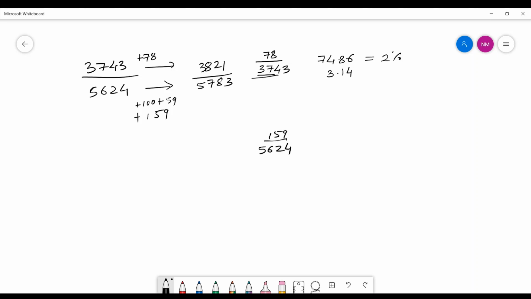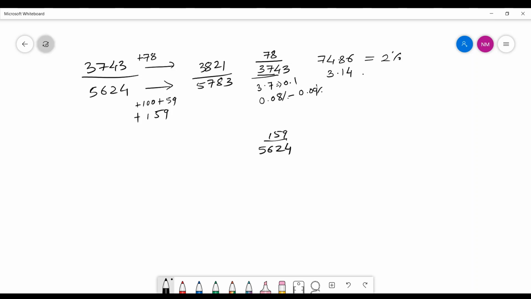Now my 0.1% is 3.7, right? So this 3.14 is somewhere between 0.08 to 0.09%, right?